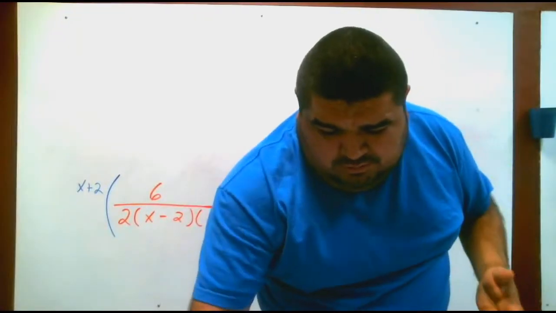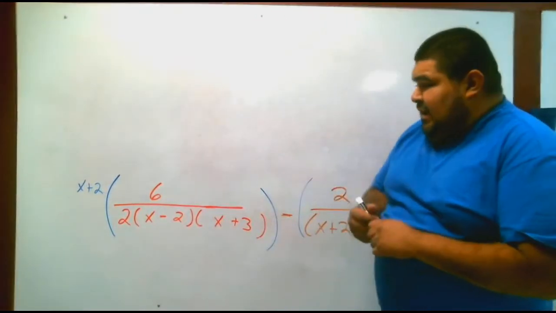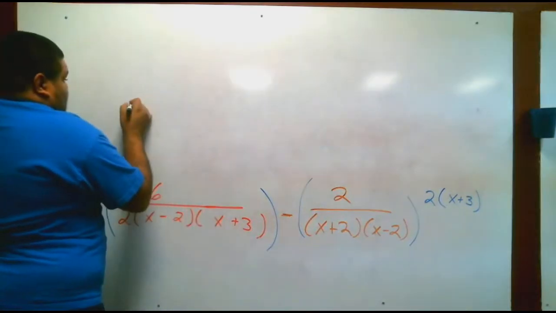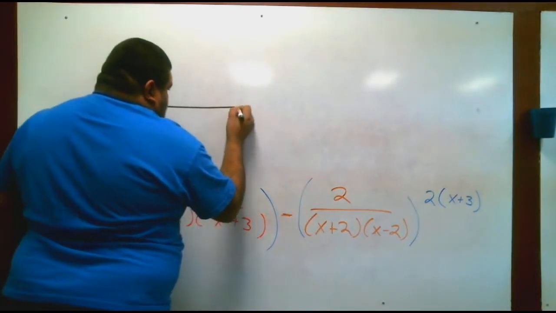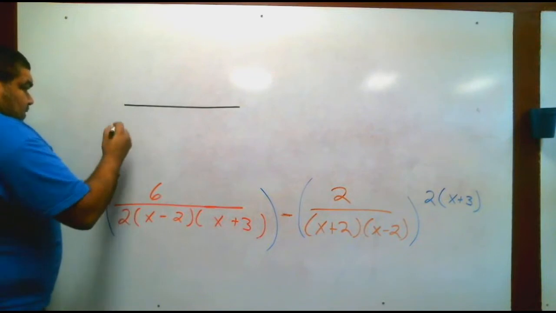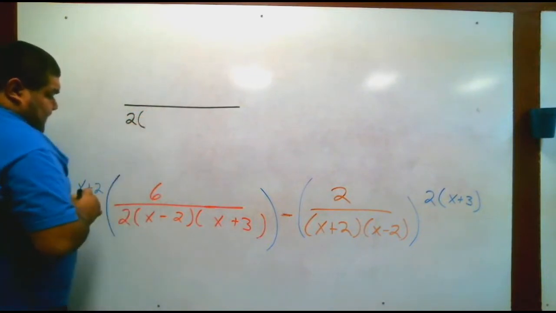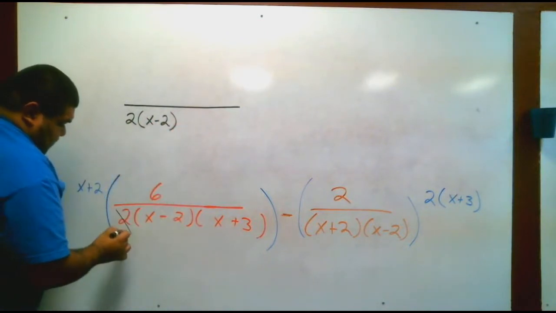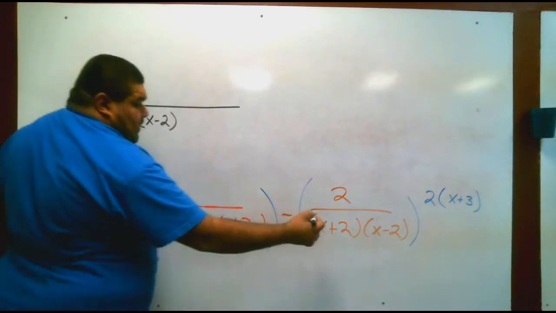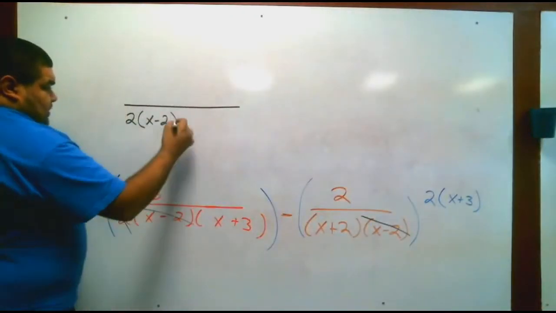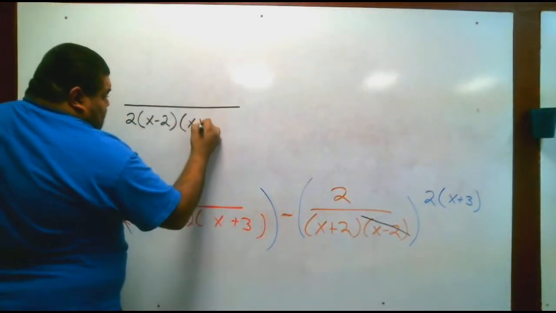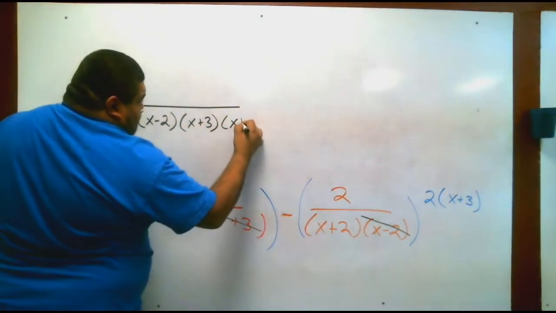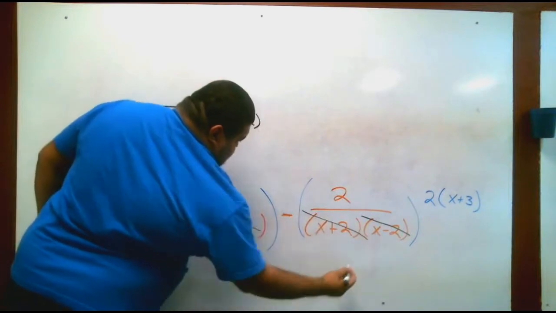The bottom is always going to be the same now, which means that on the bottom we have 2 times (x minus 2). We already used the x minus 2, since we already have another one over here that can cancel out, x plus 3, and then x plus 2.